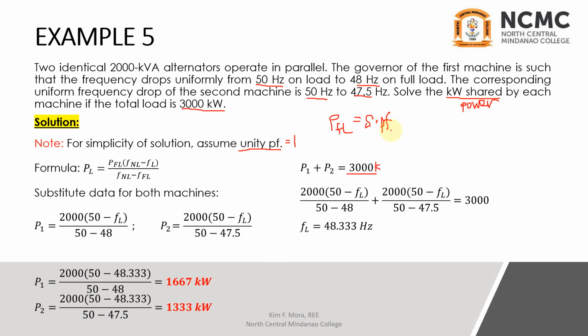Since we assume that our PF is at unity, meaning it is 1, it is just S. So given that S is equal to 2,000 kVA, we have 2,000 here. Then for our first machine, its no load is equal to 50, so that's why we have 50. Then its full load is 48, so 48 goes below. 50 minus 48. Then we don't know the frequency of our load yet, so we just leave it as FL.